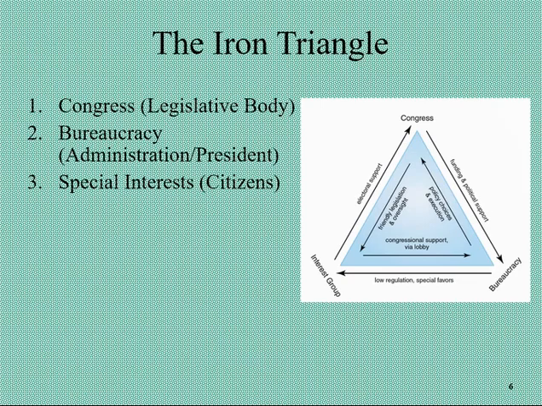These are usually special interest groups that are interested in something happening with the healthcare delivery in this country.